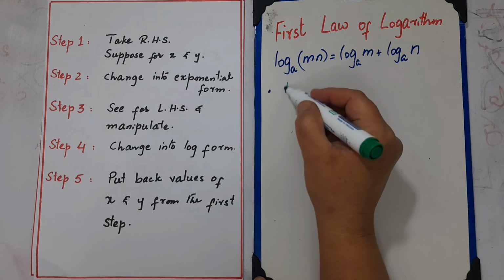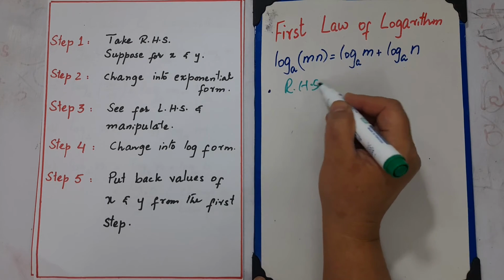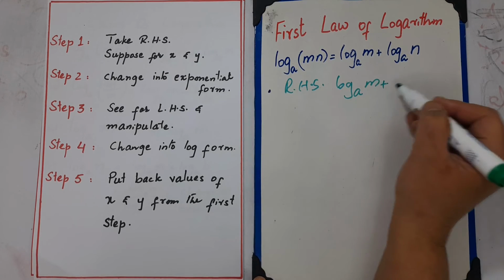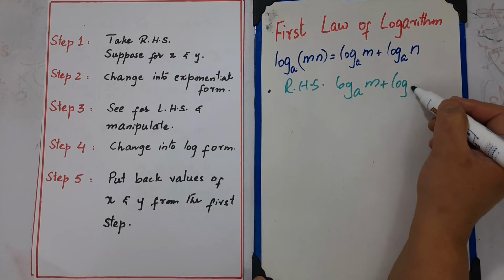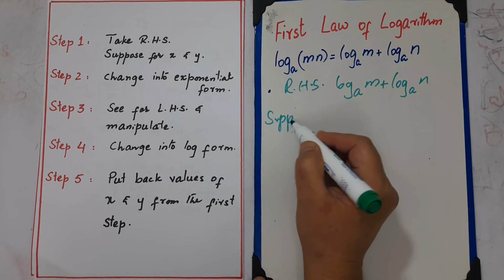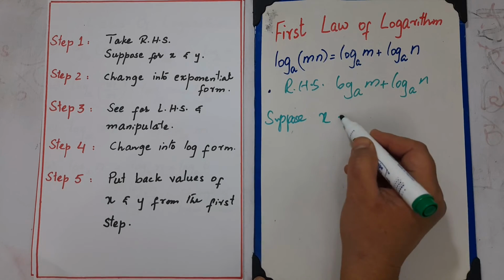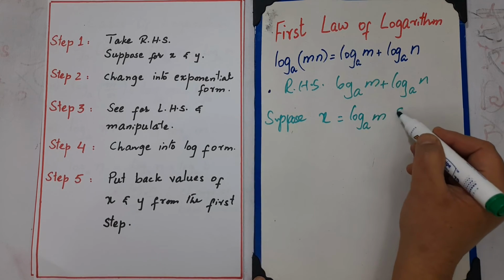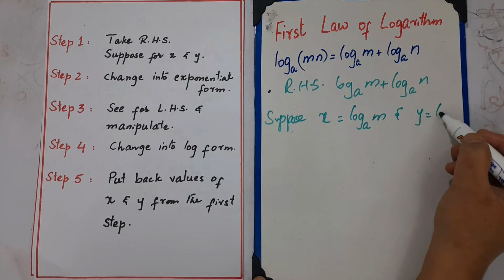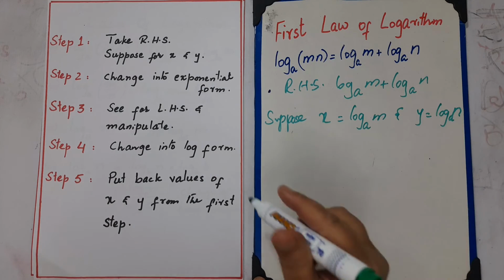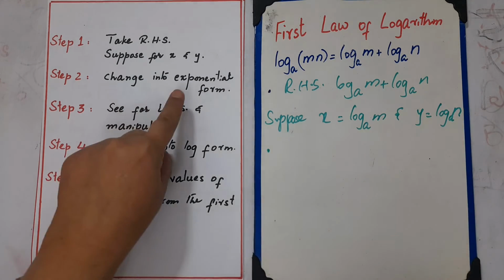The right hand side is log to the base a of m plus log to the base a of n. Suppose x is equal to log to the base a of m and y is equal to log to the base a of n. Next step is to change into exponential form.